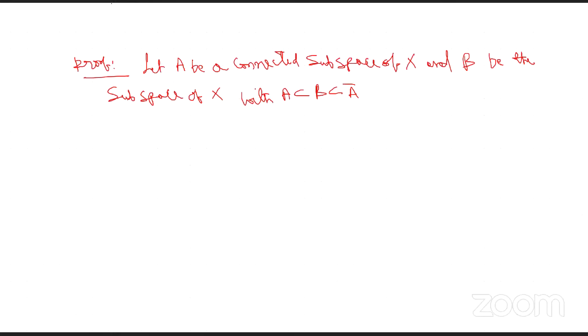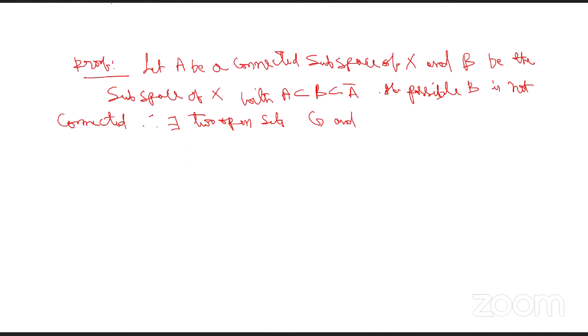If possible, B is not connected. Therefore, there exist two open sets G and H of X.